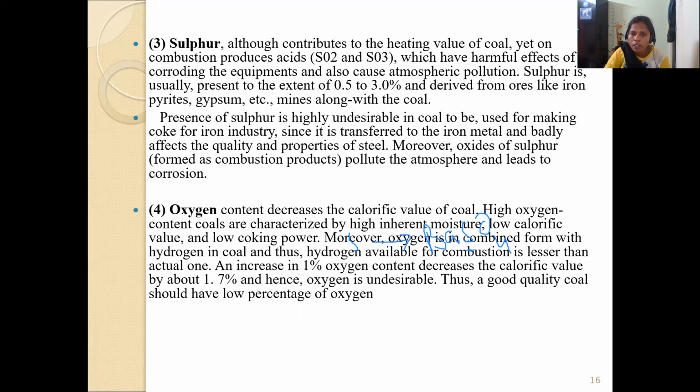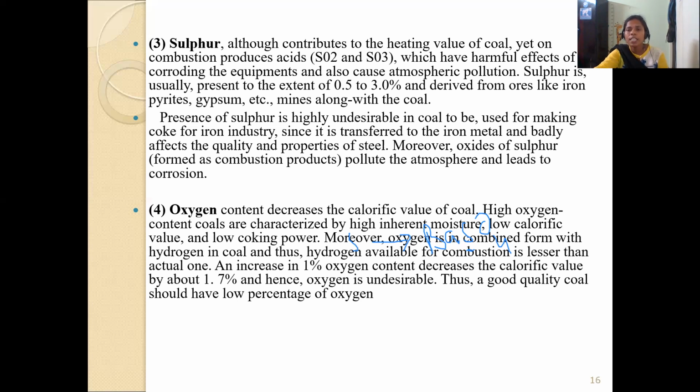Oxygen is not acceptable in the coal sample, so it should be very, very low, or even zero oxygen is acceptable. That is the significance of ultimate analysis. For better quality of coal, carbon content should be high, but all the remaining elements should be low because they reduce the calorific value and also pollute the environment.